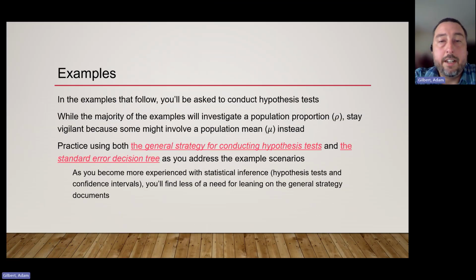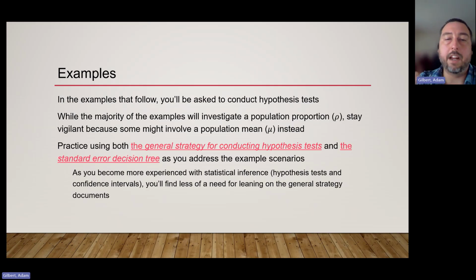So we're about to hit the examples. In those examples, we're going to be asked to conduct hypothesis tests. The majority of these examples investigate a population proportion. I'm going to stick just to those examples. When we encounter an example that deals with a population mean, I'll skip over it for this video, but we'll identify how we know that it involves a population mean and not a proportion. We will use that general strategy for conducting hypothesis tests.